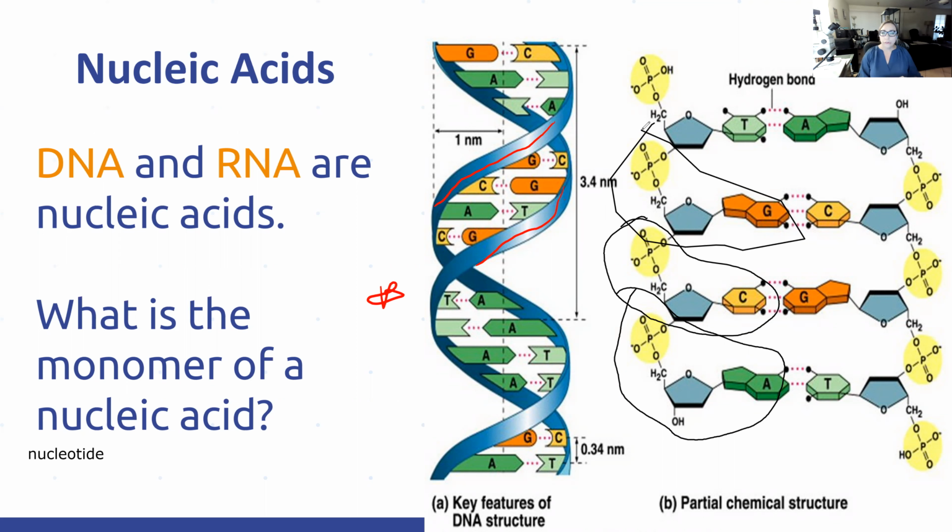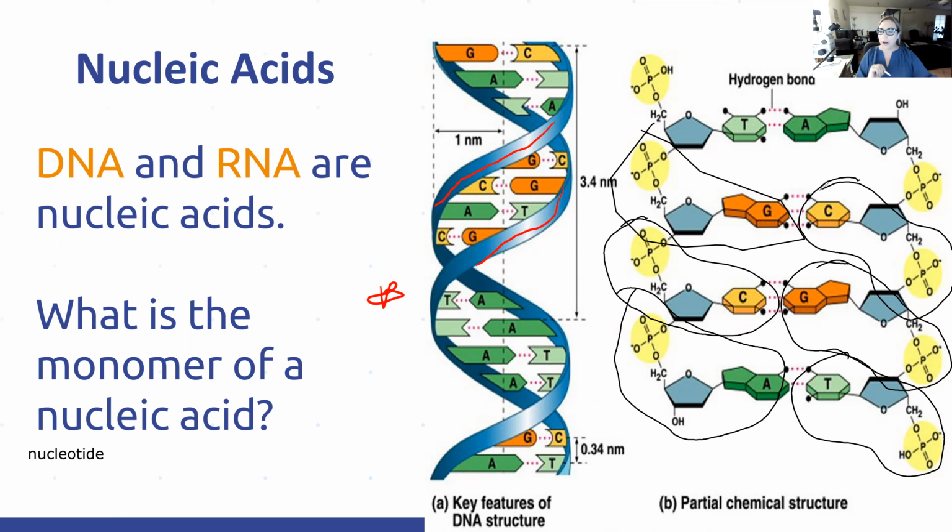That is one strand of DNA. Now, the other strand of DNA is right here. There's a nucleotide. Here's a nucleotide. Here's a nucleotide. Now, again, those nucleotides are linked to each other with covalent bonds.